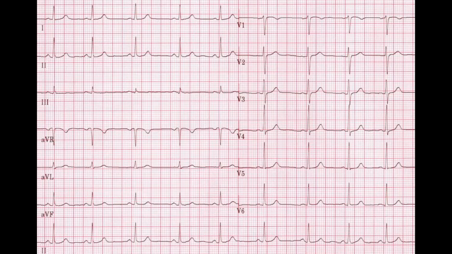And you also should note the duration of the P wave and the duration of the QRS wave. In this, the duration of the QRS complex is not more than 3 small squares, which means it is coming from above the ventricles.